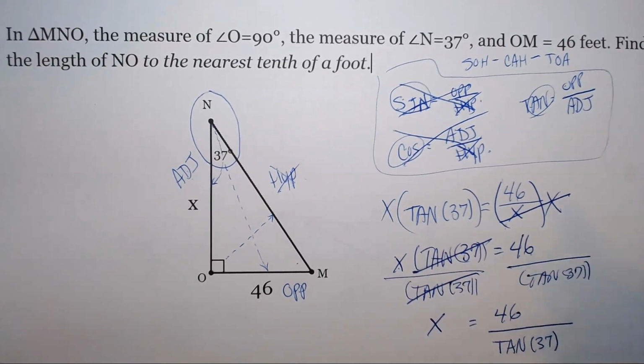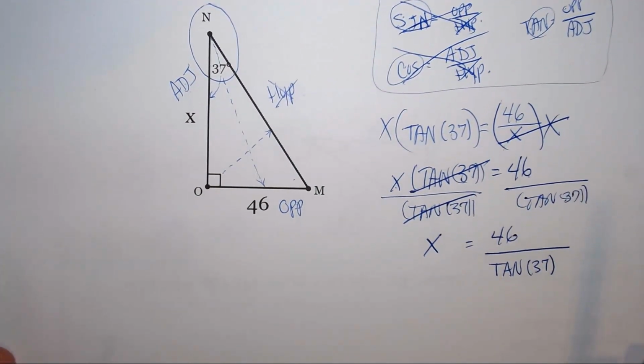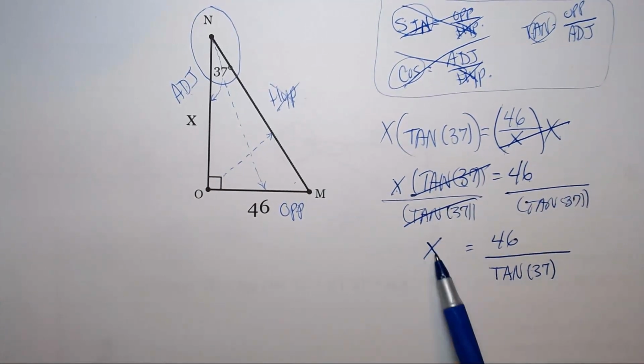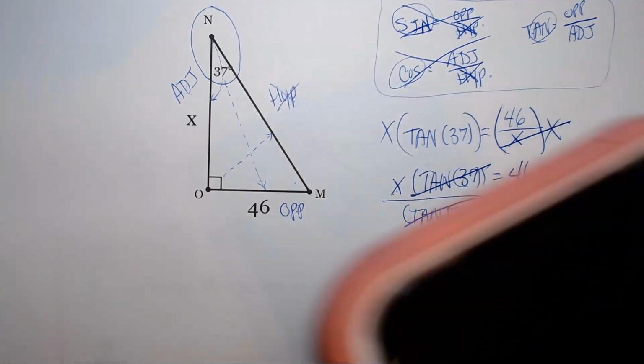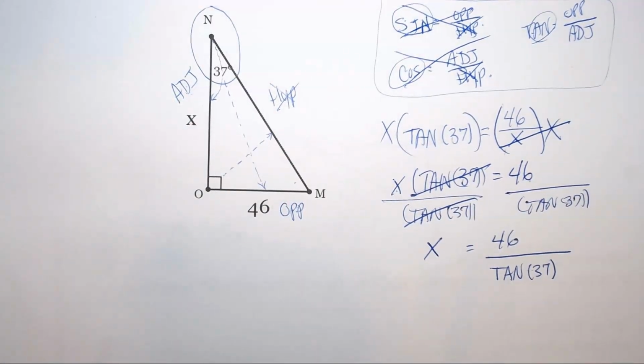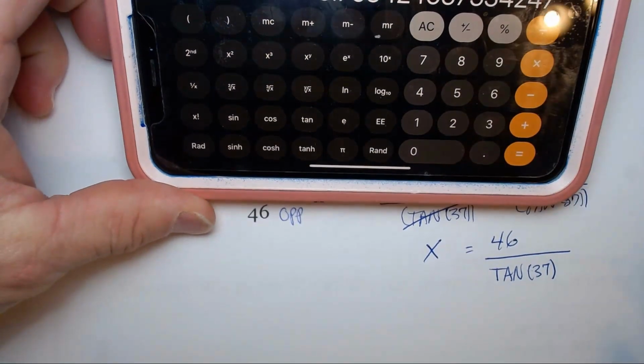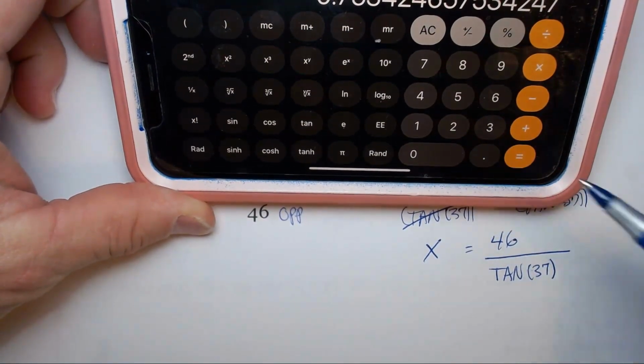Now at this point, I can just put this in my calculator to get a number for tangent of 37 and solve for x. In this case, I'm going to use my iPhone. I'm turning it horizontal to get a scientific calculator.